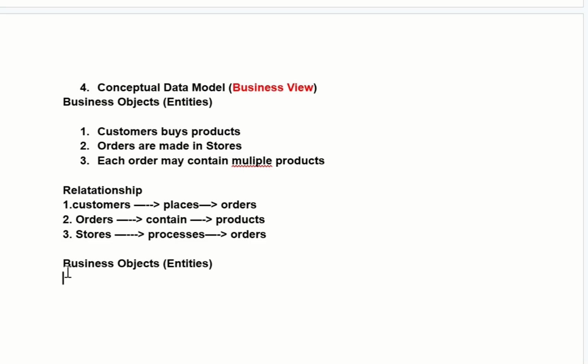Our first business object here is this customer. Our second entity here is orders. Our third object here is these stores. And our fourth object here is products.